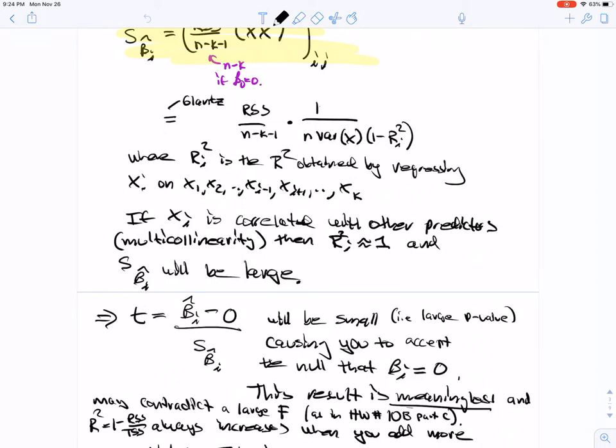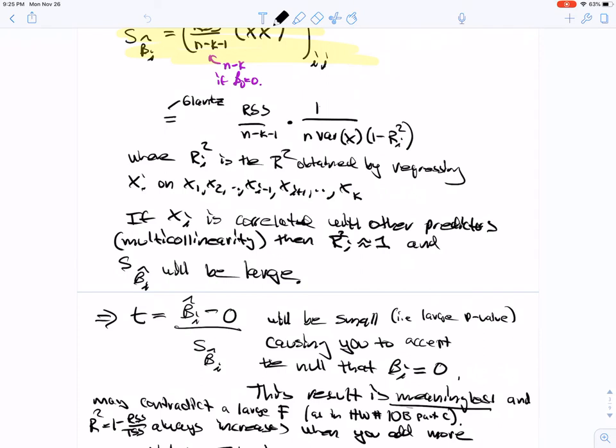So we can get in a situation where, if we have multicollinearity, we can get a large F statistic, causing us to reject the null that y is independent of all the x's, which indicates that y is dependent on the x's, and at the same time get these t-statistics which show that the betas are 0.